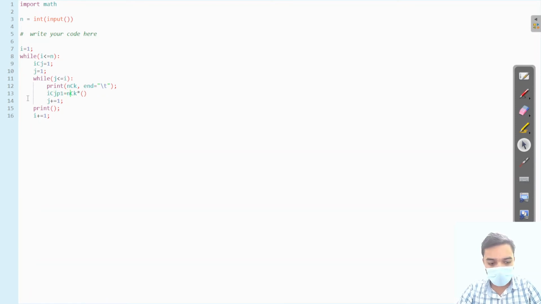So I want to multiply iCj, what was my formula? iCj multiplied by i minus j, and I was dividing it by j plus 1. So this was my formula, and I have printed my nCk.